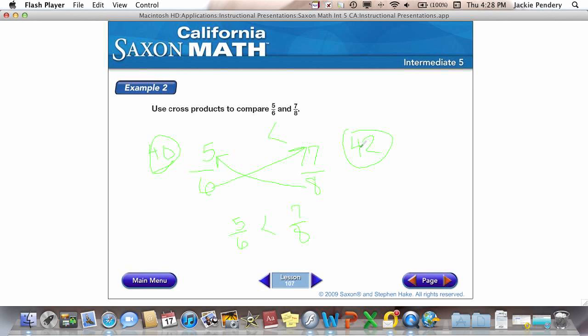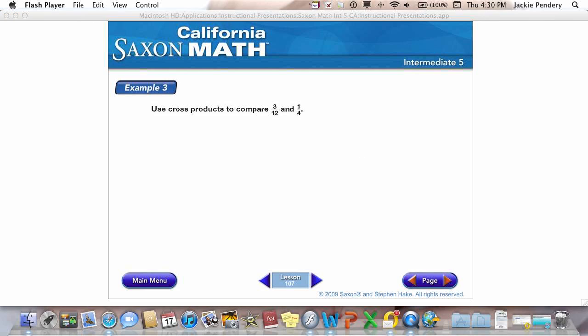Okay, so let's go ahead and look at another example. All right, here we have 3/12 and 1/4, and I want to use cross product multiplication. So I'm going to write the problem, 3/12 and 1/4.